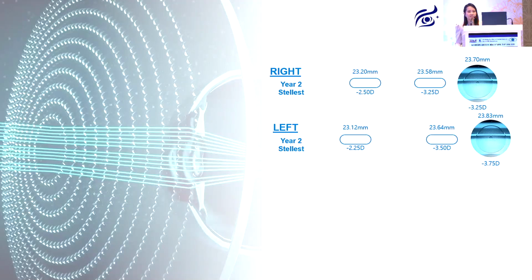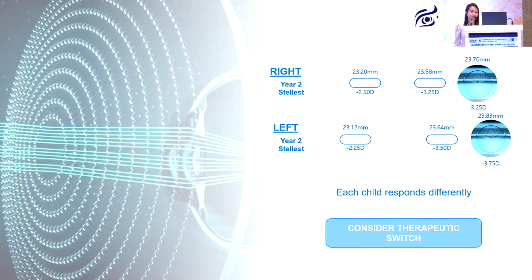What this case emphasizes is that if one myopia control lens gives suboptimal treatment, it doesn't mean that all the other myopia control lenses don't work, because each myopia control lens utilizes different technology in slowing down the progression, and every child responds differently to different brands of treatment. So you can always try to change within the same modality, such as myopia control glasses, but a different brand. So this is therapeutic switch.